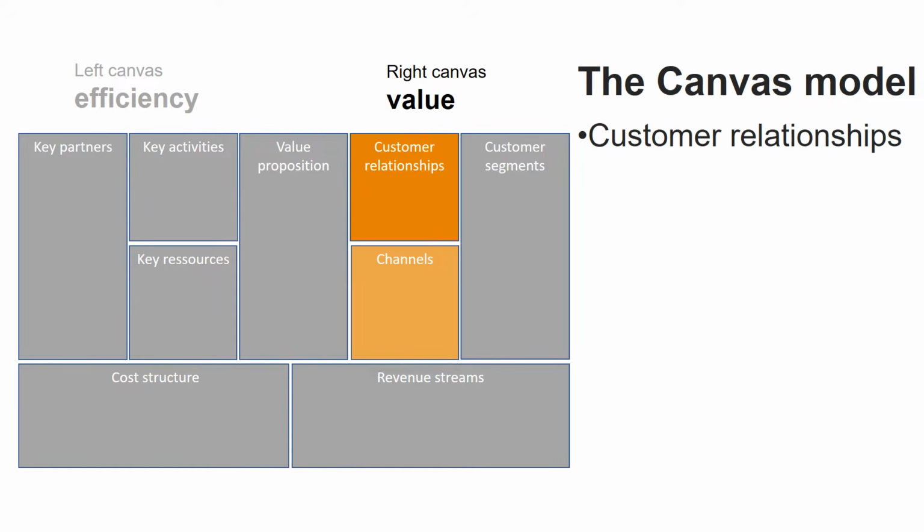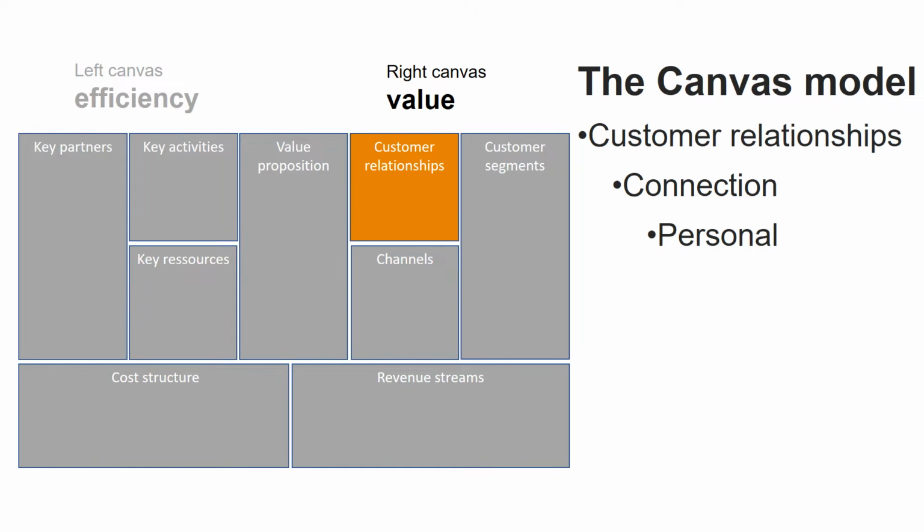In the building block channels, it was about how the customer buys and gets your product or service delivered. In the building block customer relationships, you find out why they buy from you. In the building block customer relationships, we establish a connection with the customer. A relationship can range from personal to automated.